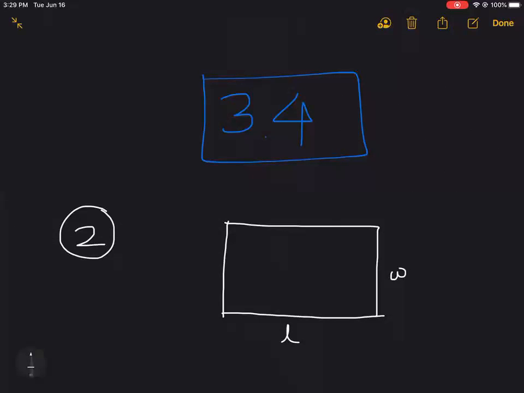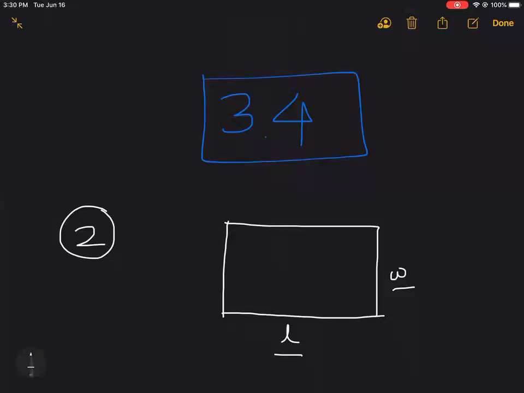You don't need to denote this by L and W. You can use whichever notation you want, X and Y, or A and B. It doesn't matter as long as you use it right. A rectangle is of this shape, and from this we want to find the values of L and W.